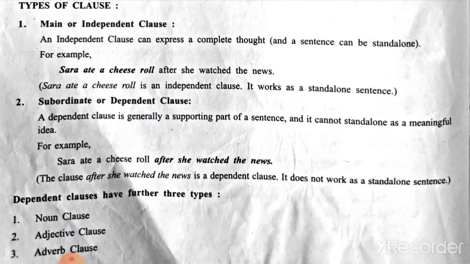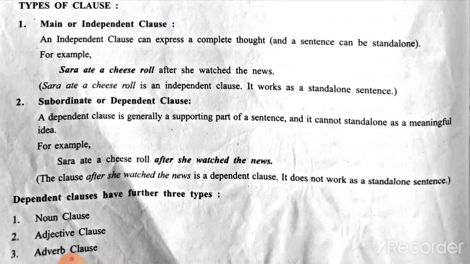Okay, a dependent clause is generally a supporting part of a sentence and it cannot stand alone as a meaningful idea. Okay, it is joined with the main idea, it subordinates it. But main is always the first sentence, which is independent, but here it is dependent on the other. Sarah ate a cheese roll after she watched the news.